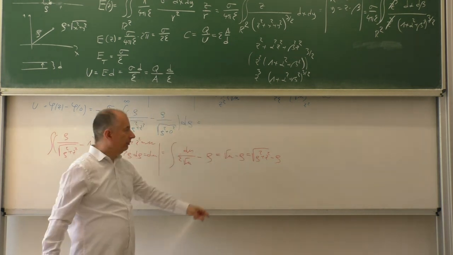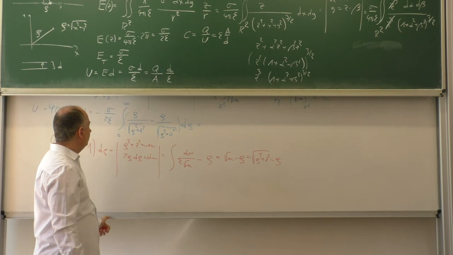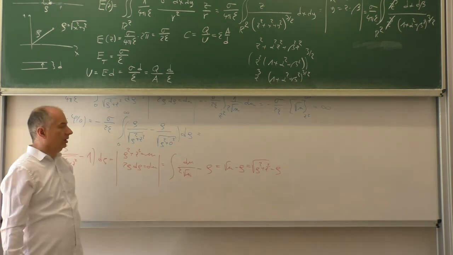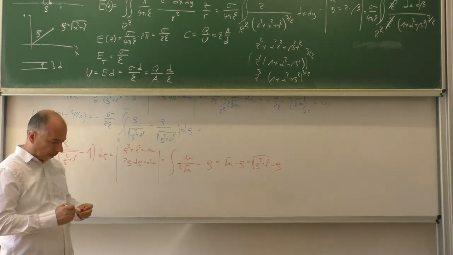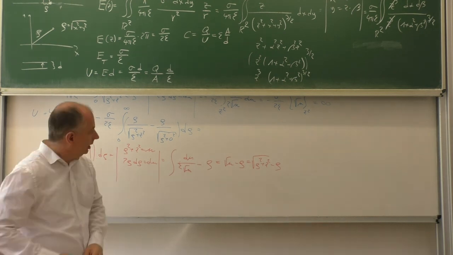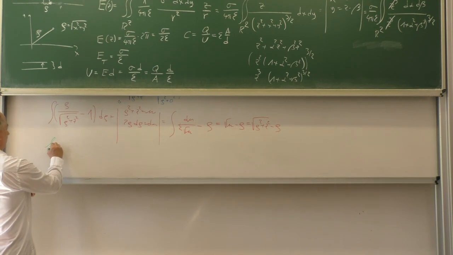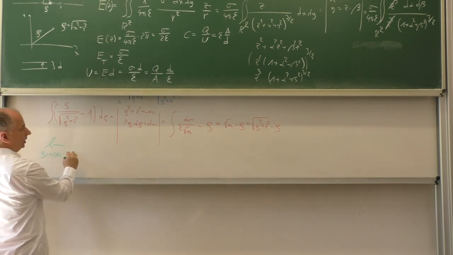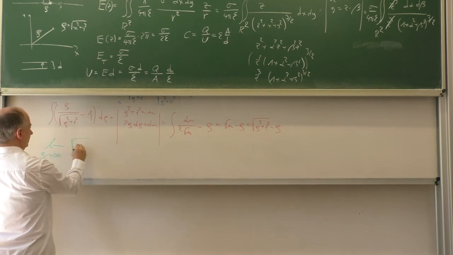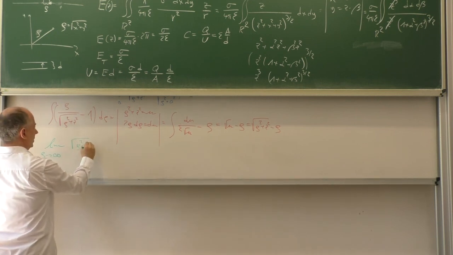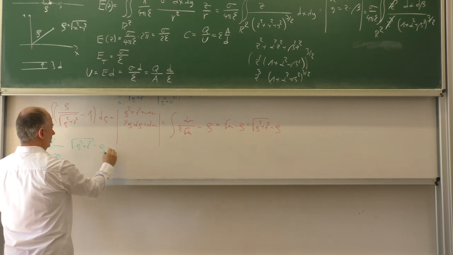And we want to evaluate the limit of this for infinity, for 0, and subtract. The limit at infinity is 0, which can be computed this way. Limit for rho going to infinity, square root of rho square plus z square minus rho.